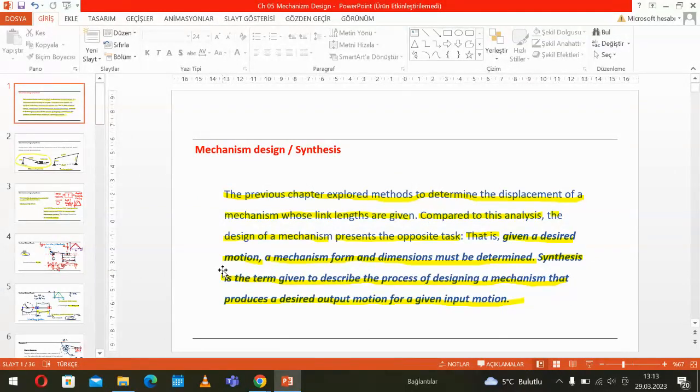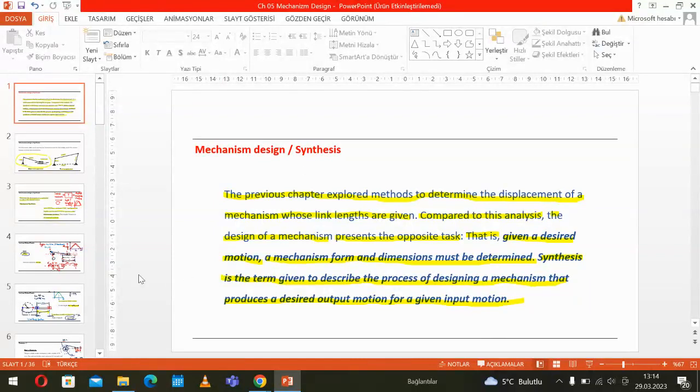So now, compared to these analyses, the design of a mechanism presents the opposite task, that is, given a desired motion, a mechanism form and dimensions must be determined. That means synthesis.